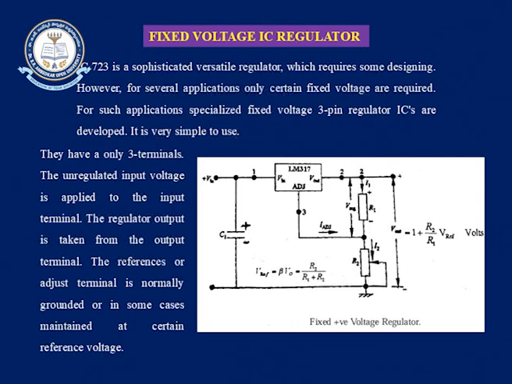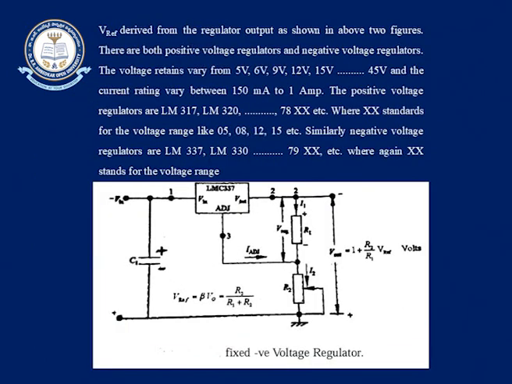So, potential divider R1 and R2 is there. So, this may give you the fixed positive voltage regulator. Negative voltage is also there, that is the negative voltage regulator. So, here the reference voltage is derived from the regulator. So, we have observed both positive voltage regulators and negative voltage regulators.